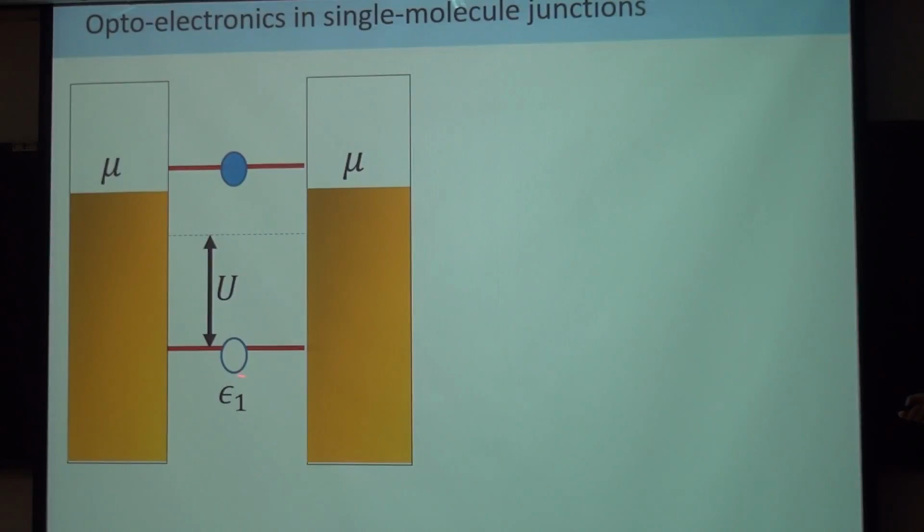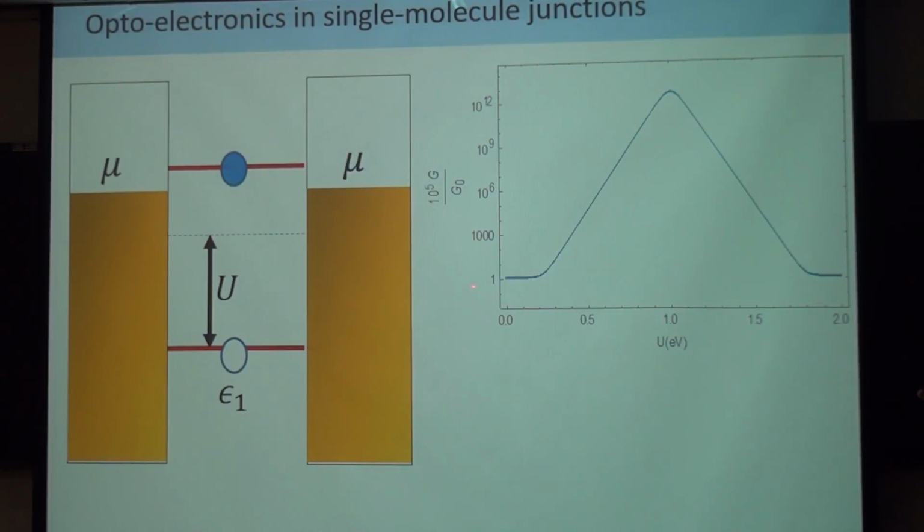So if you could push this effective level to resonance, then you get photoconductance: an exponentially large increase in the current, as large as you can possibly want.